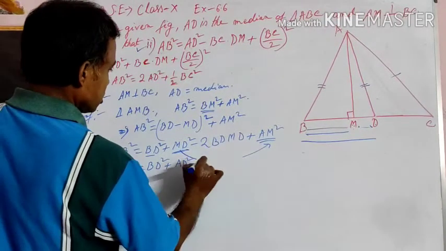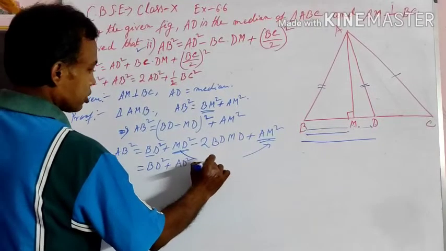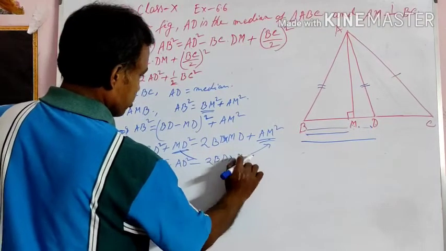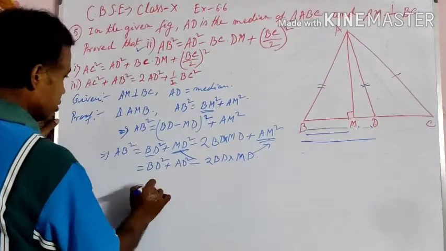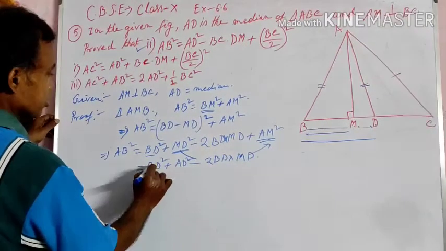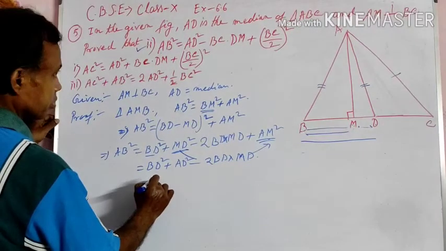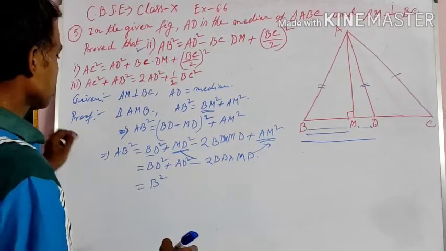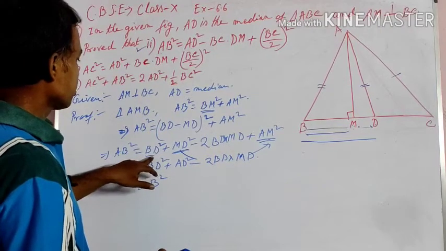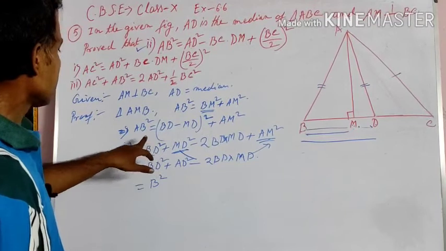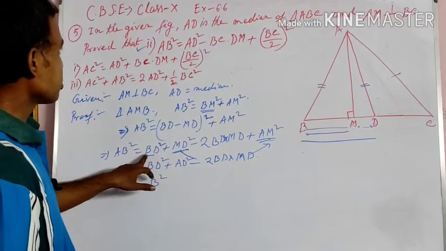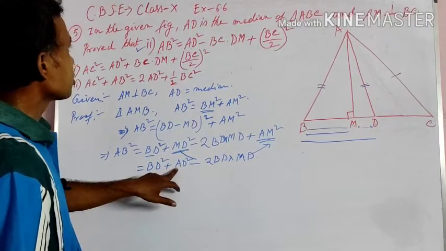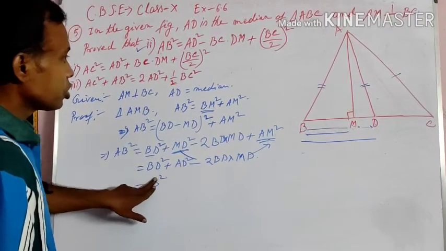minus twice BD into MD is equal to BD square.